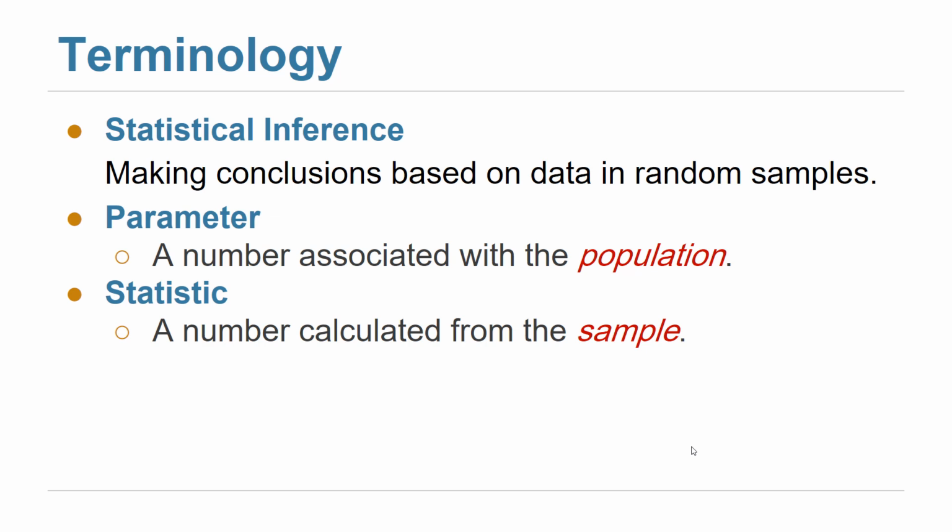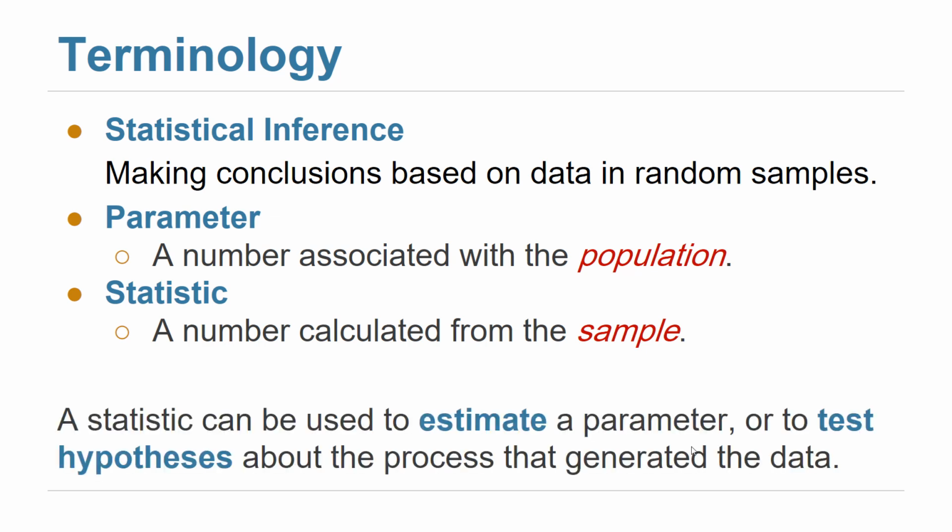If I get a random sample of the students in the university and then compute the GPA, then this is a statistic, not the parameter of the population. And usually we use the statistic to estimate the value of a parameter. That's what we saw before. It is also used to test hypotheses, and this is the topic of this session.